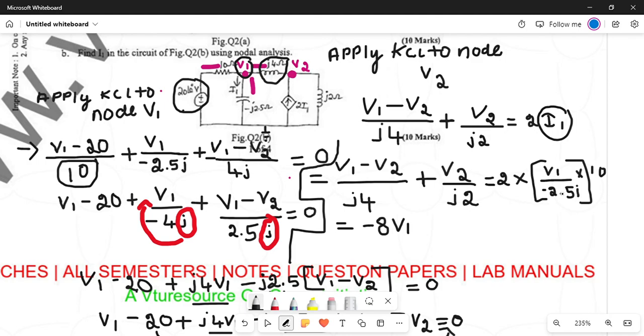So that is 10 divided by minus 2.5, you are going to get it as minus 4, right? By this, if you multiply that minus 4 into this 2, you are going to get it as minus 8V1. So this 10 divided by 2.5 is minus 4, and minus 4 into this 2 is what? Minus 8. Okay, yes.